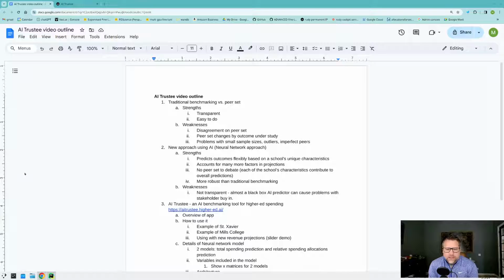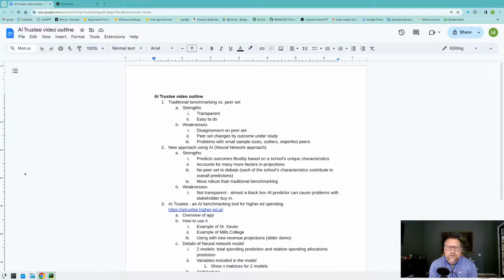It doesn't require any sophisticated coding, really. Of course, we do our traditional benchmarking here at Prospective Data Science, a little bit more sophisticated approach. We do select a peer set. We use a machine learning algorithm to select the peer set. And then we don't just simply compare means. We look at conditional means in the peer set.